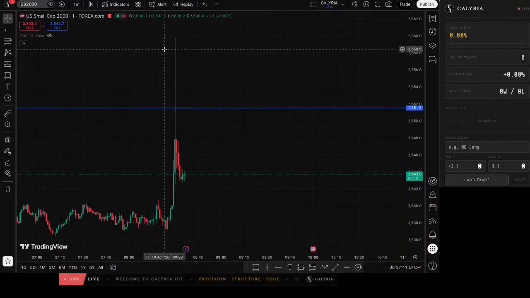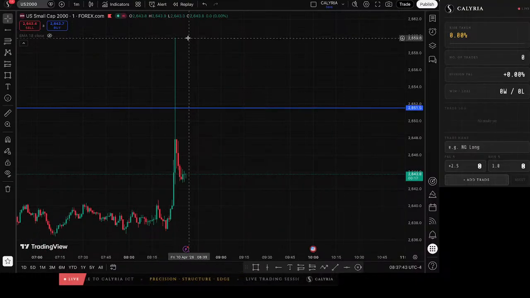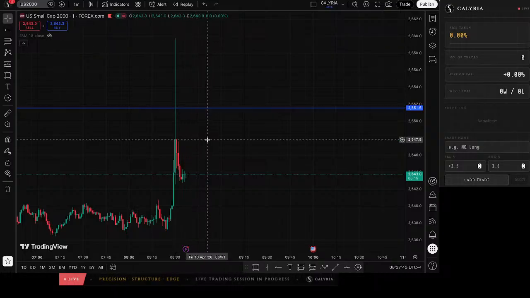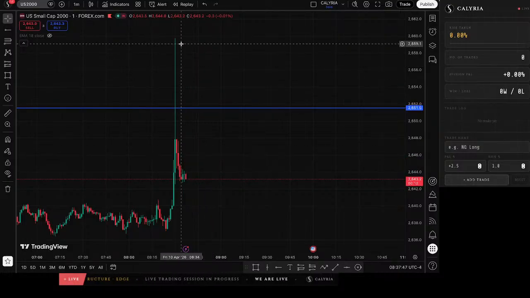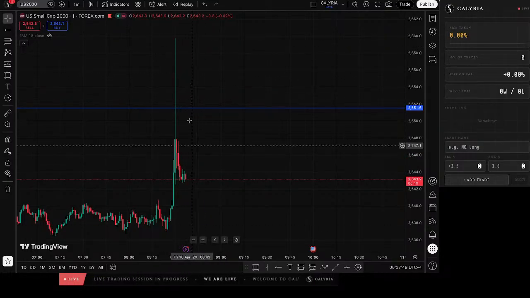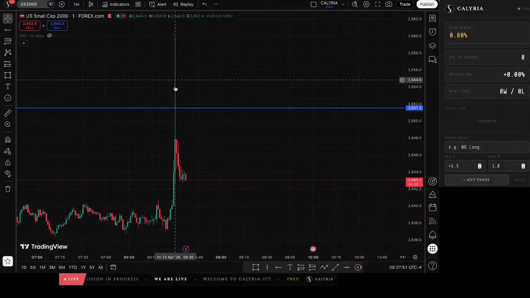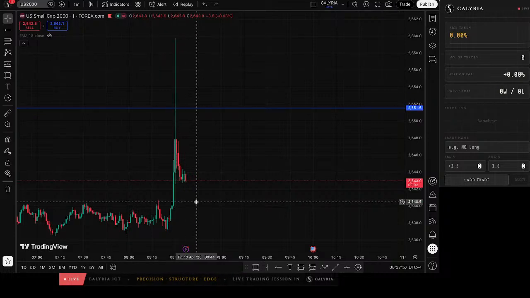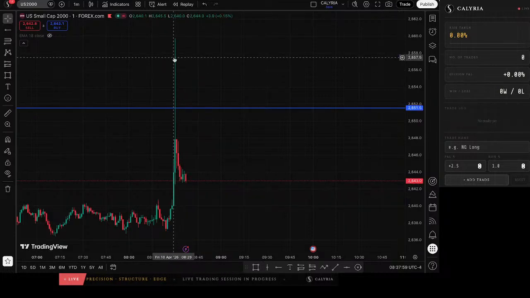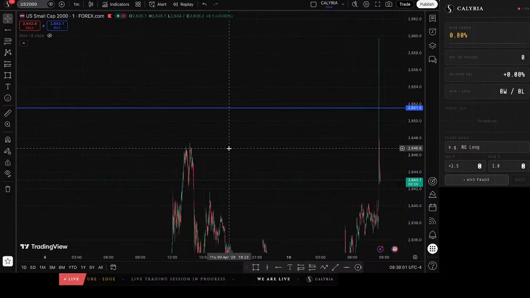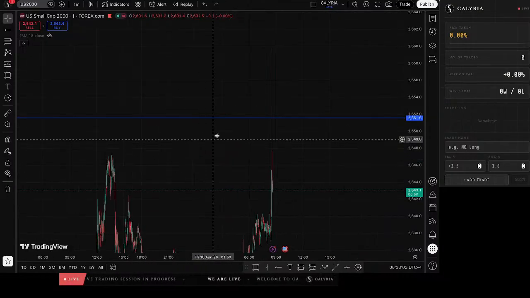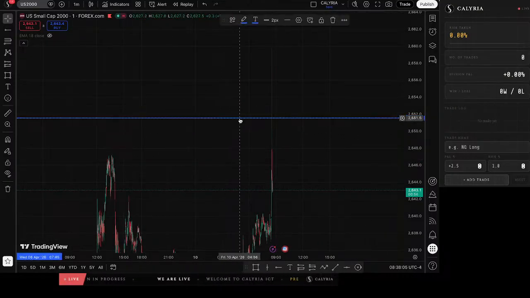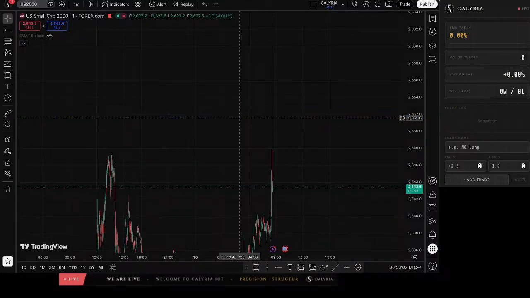It went to my point and pushed down, pushed down, pushed down. From here to here you can see a push up and then a push down. I said it would go up and then I'm expecting down, but this way I don't like it, so it's not in my rules, so this is just a cross.